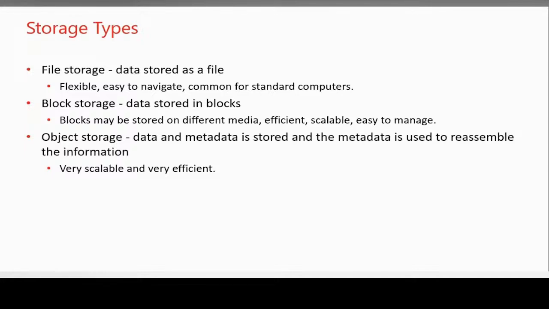I hope you know about file storage. Anything like an Excel file, any file that we keep on our system, can be stored in file storage format. Block storage means whatever we keep in the form of media is scalable and easy to manage.